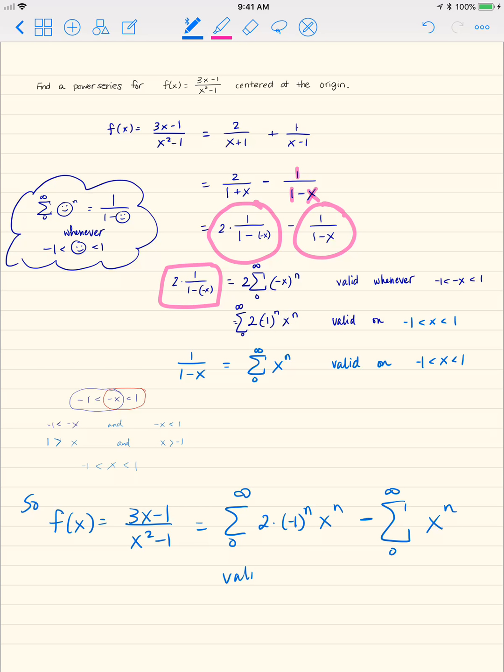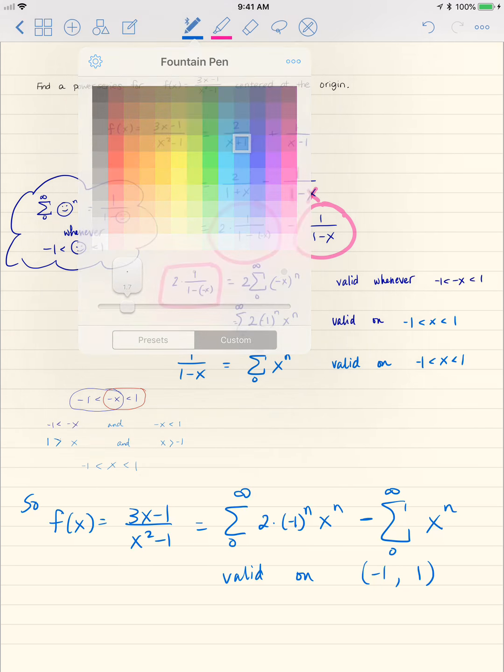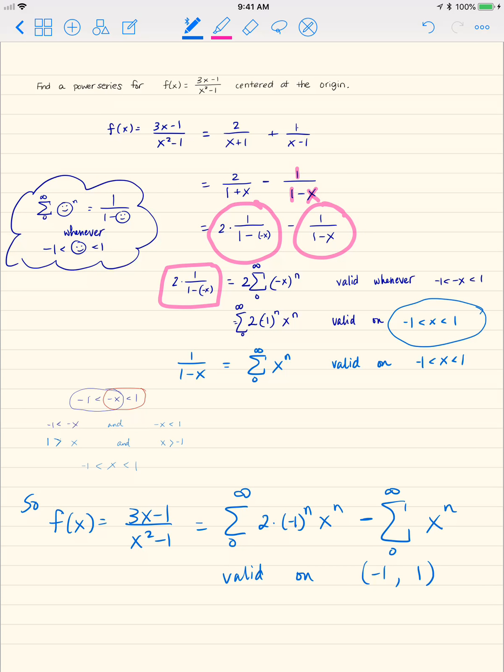And this is valid on negative 1, 1. Why? Because remember we take the smaller of the intervals of convergence, and both of these intervals are the same. So we can just use negative 1 to 1 as our interval of convergence.